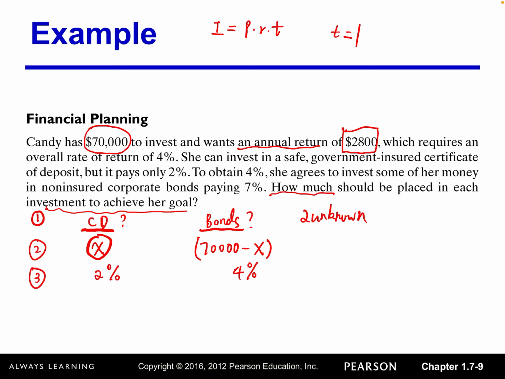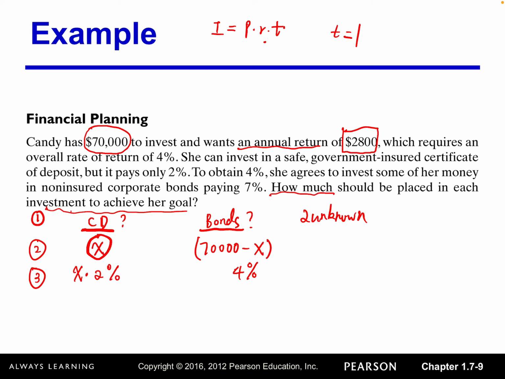So use principal times R. Basically, T is 1, so we can ignore it, any number times 1 is the number itself. P is x for the CD investment, and R is 2%. So we use x times 2%. That's how much interest is made buying the CD.